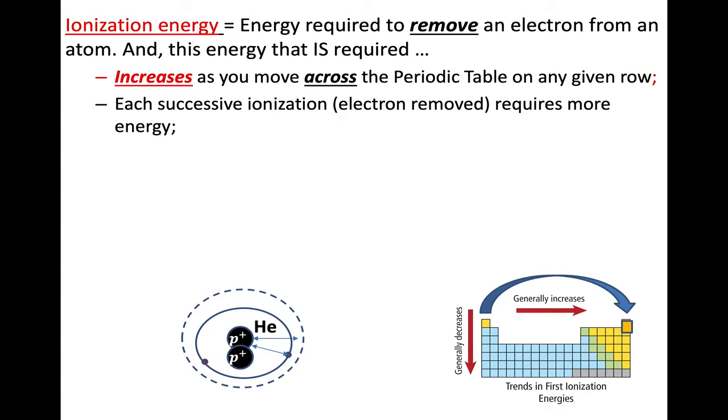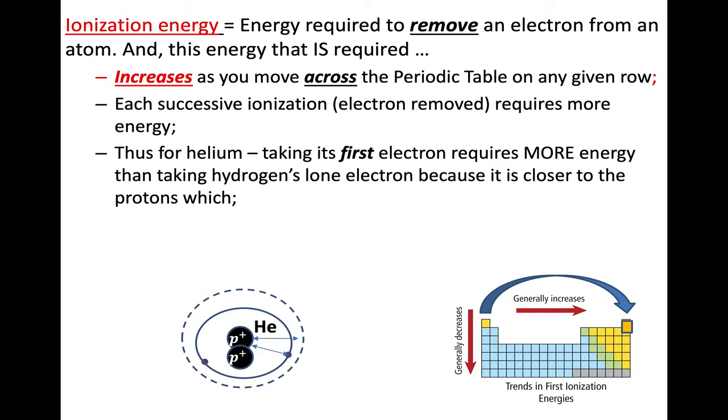So each successive ionization or electron removal requires more energy. So for helium, if you take its first electron and rip it off, that takes more energy than taking hydrogen's lone electron because it was a lot closer. Hydrogen's out here, so it's farther away, with the weaker pull of the 1 proton. Helium with the 2 big protons is closer.